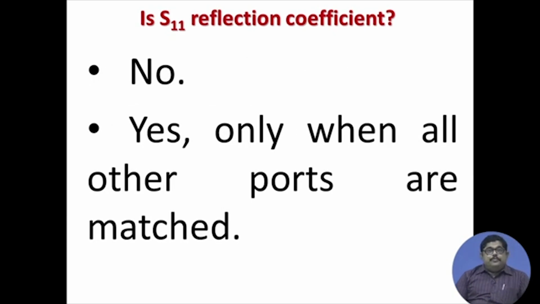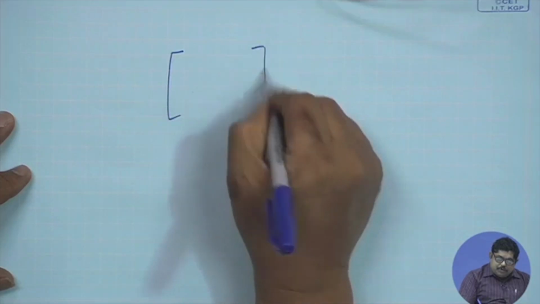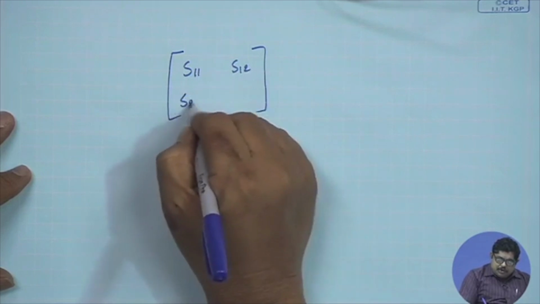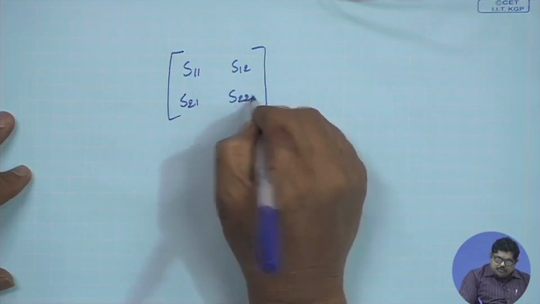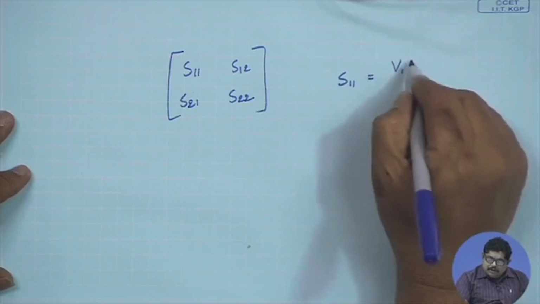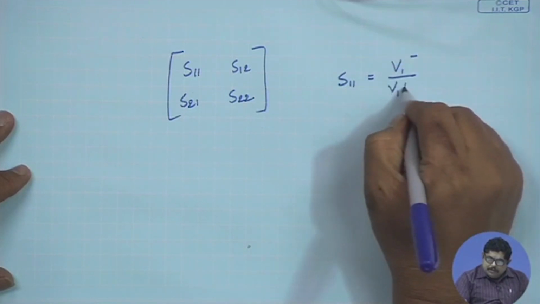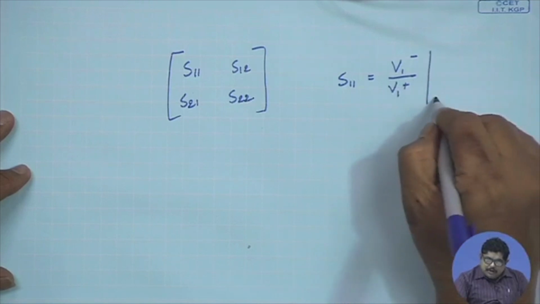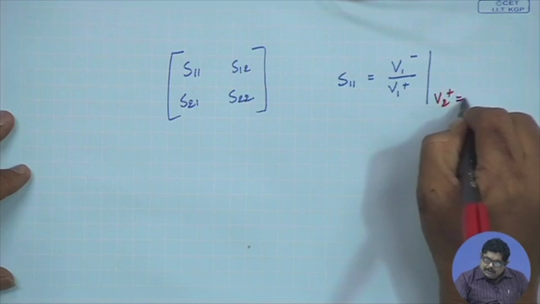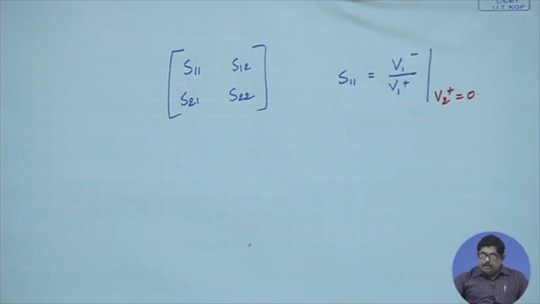Now, we come to another thing. Let us see in a 2-port network we have S11, S12, S21, S22. And what is S11? S11 is V1 minus by V1 plus when V2 plus is made 0, match load.